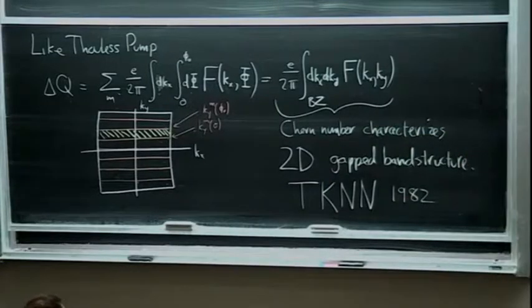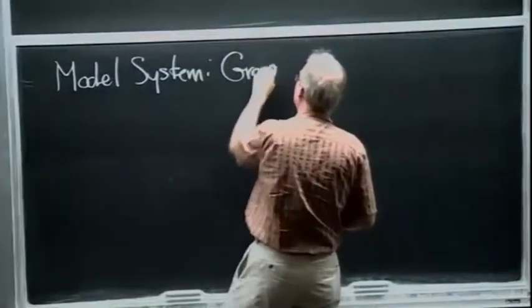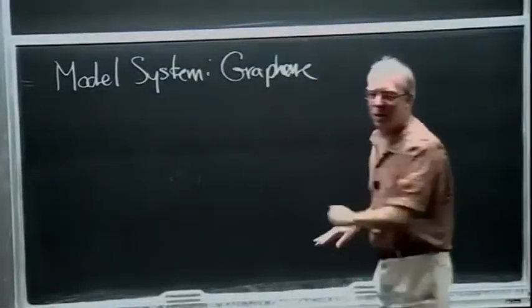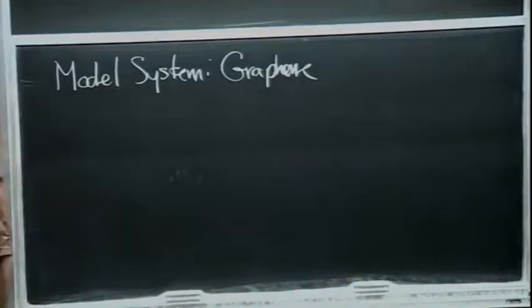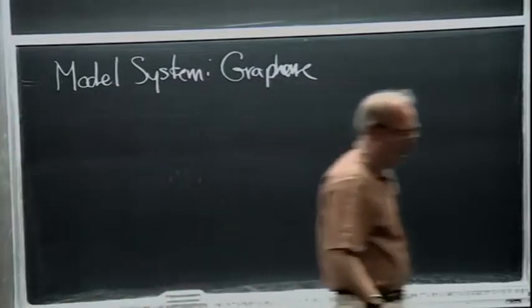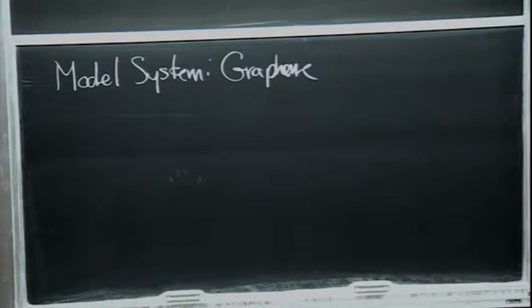And so I want to introduce a model system, which is graphene. Now, of course, we heard about graphene this morning, and Pablo showed us that graphene is not just a model system, it's actually a system. But I'm going to treat it as a model system.